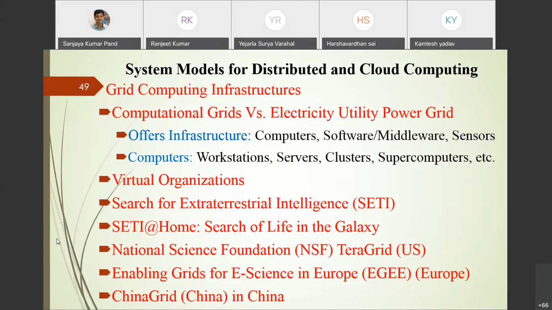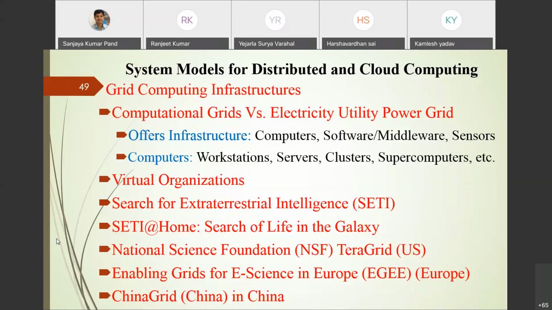In a similar manner, we are viewing the computational grid. Earlier, we had it for electricity. In computer cases, we are using grid computing, that is called a computational grid. It means massive storage or a massive amount of computation you can achieve through the computational grid or data grid, right? It offers infrastructure, that is your computers, software middleware, or sensors.